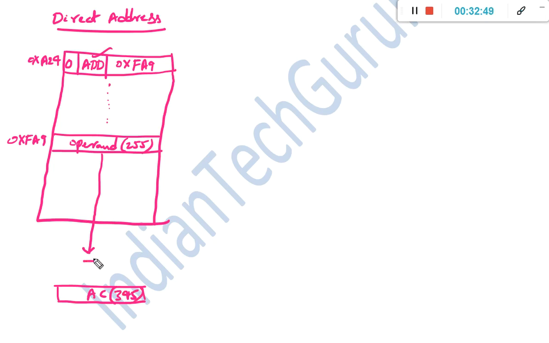Now we are going to perform the addition operation on the operand and the value in the accumulator, and store the result once again in the accumulator. The value 600 will be stored in the accumulator. So this is how, using direct address, we perform the operation using an instruction format.